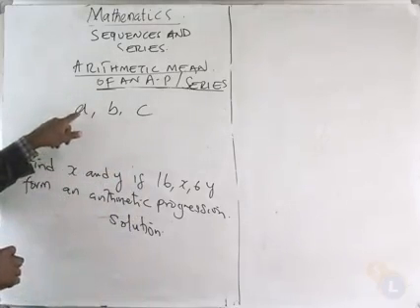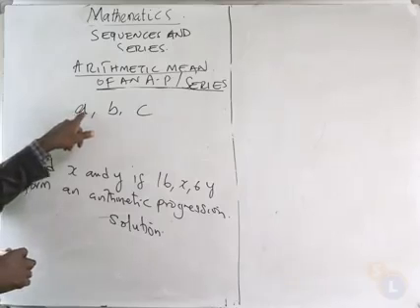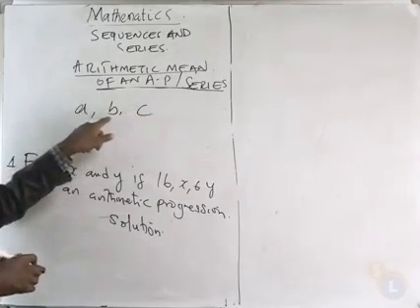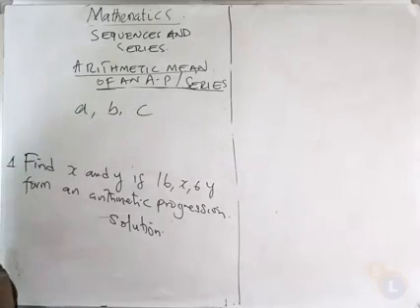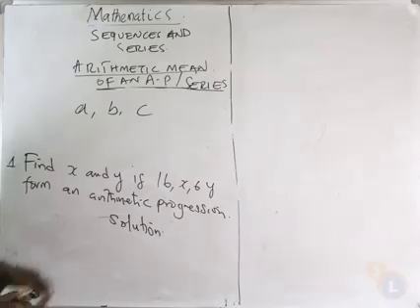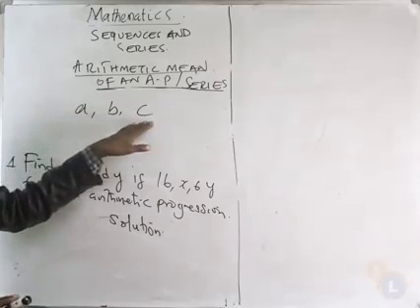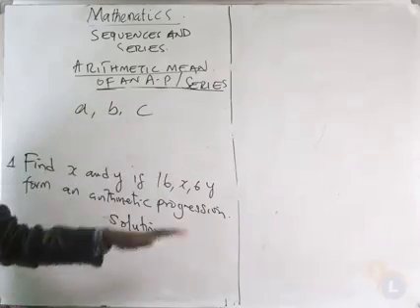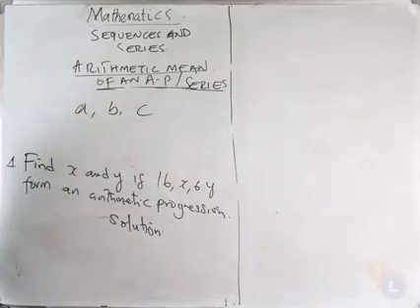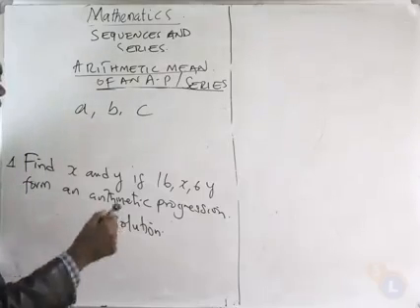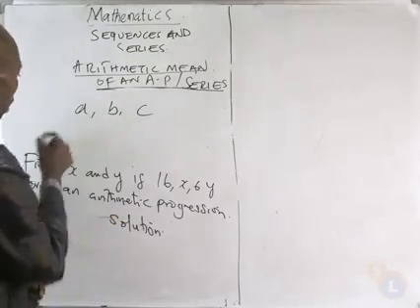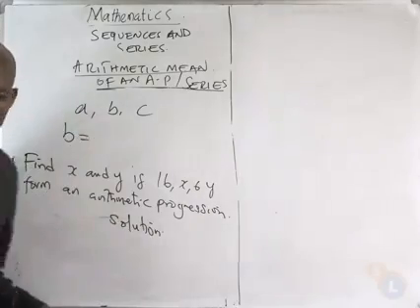So if you have A and C, then this B should be our arithmetic mean. The middle term in between two given terms is what constitutes our arithmetic mean.